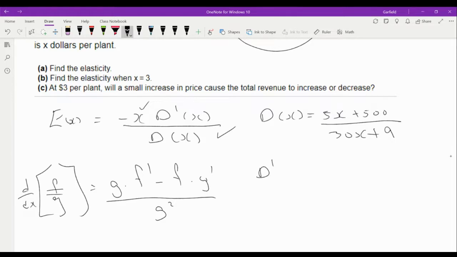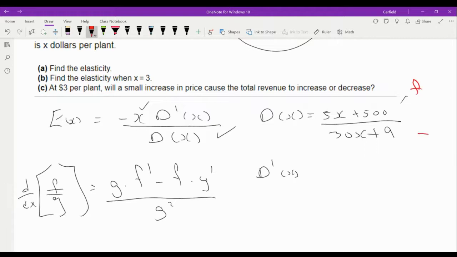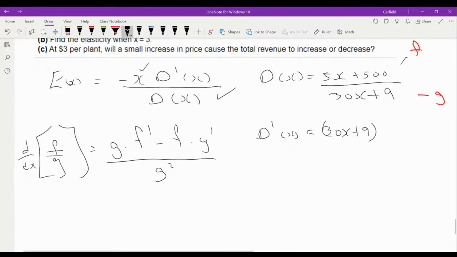So our d prime of x, and we're just going to call the top f and the bottom g, so we can work on it, is equal to g, which is 30x plus 9, times f prime, and f is the numerator.